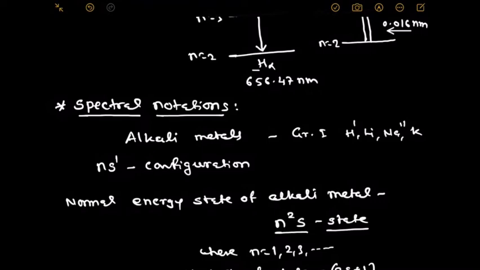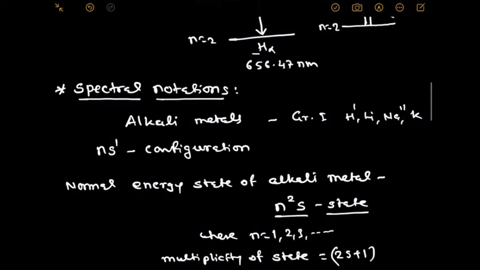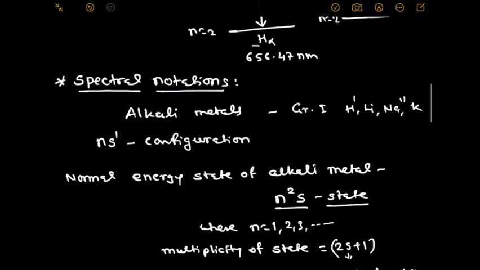Now what does the superscript 2 represent? It represents the multiplicity of the state. The multiplicity of the state is written as 2s plus 1. What is s here? s is the spin quantum number. According to wave mechanics, for alkali metals, which have only one electron in their outermost orbit, the magnitude of the spin quantum number is half.